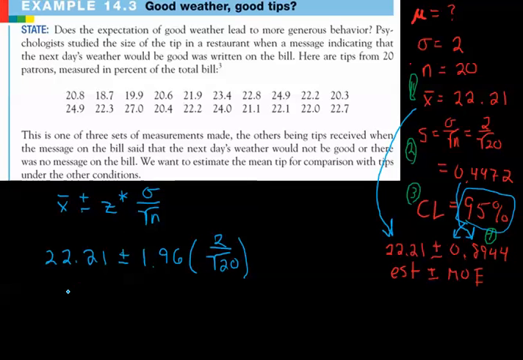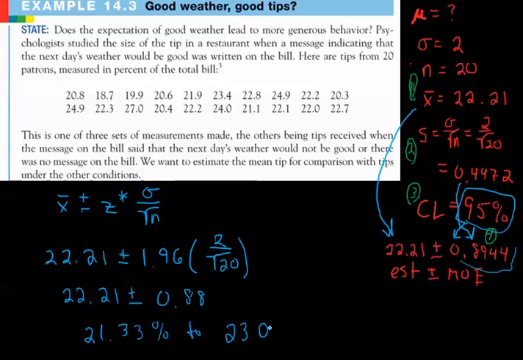And when we do this out now, we're going to get 22.21 plus or minus 0.88, and you'll see this is slightly lower now than what we had originally come up with, because originally we were using a 2 rather than a 1.96. So 22.21 plus or minus 0.88, which means that our tip percentage is going to be 21.33% to 23.09%.